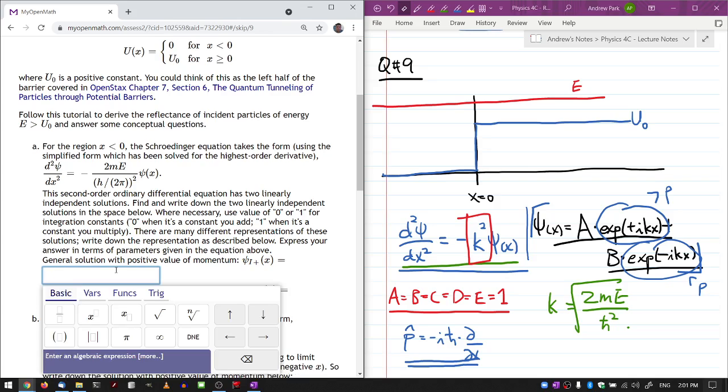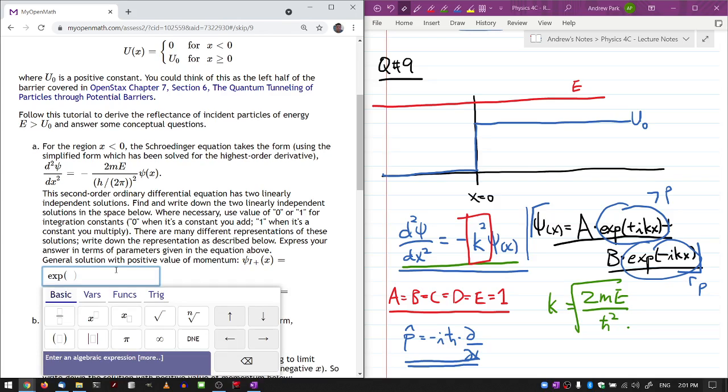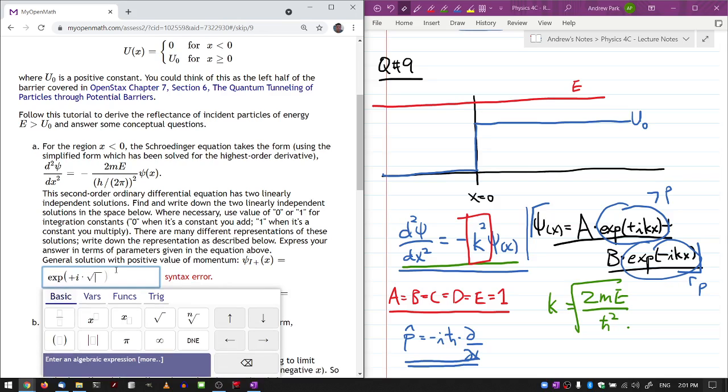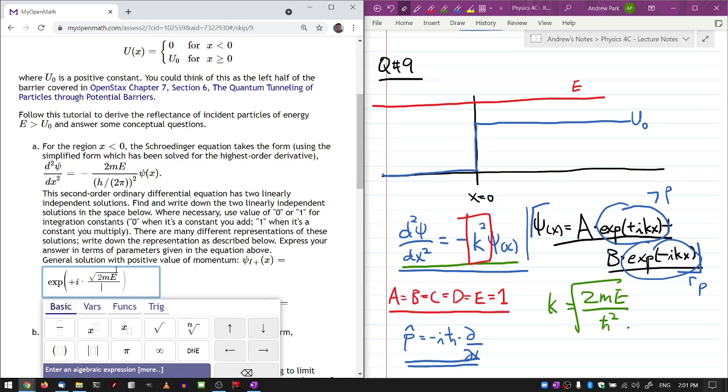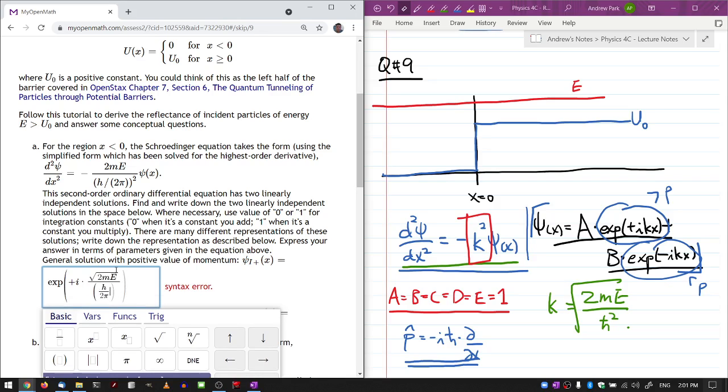It's the exponential of plus i times k, which would be the square root of 2mE. And if I wanted to, I can just put h bar outside of the square root, h over 2 pi. Oh, and I need to multiply this by x.